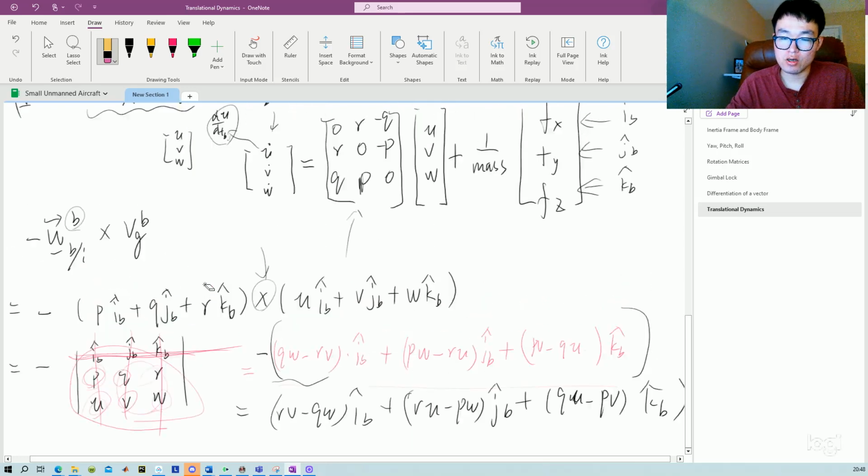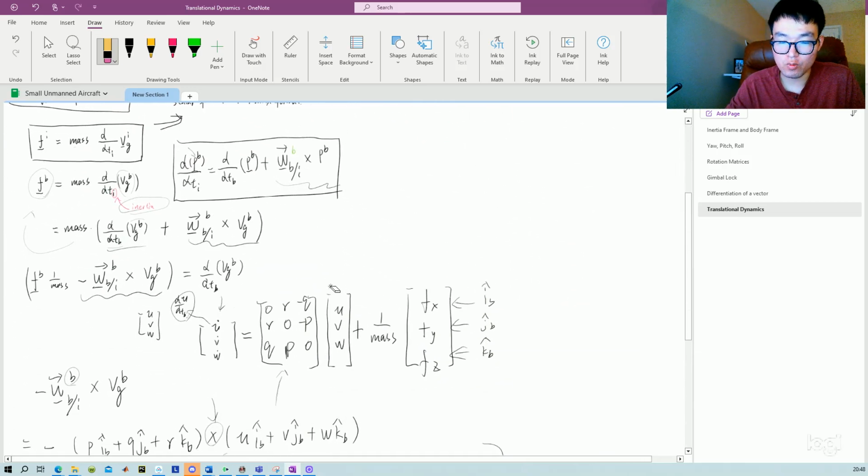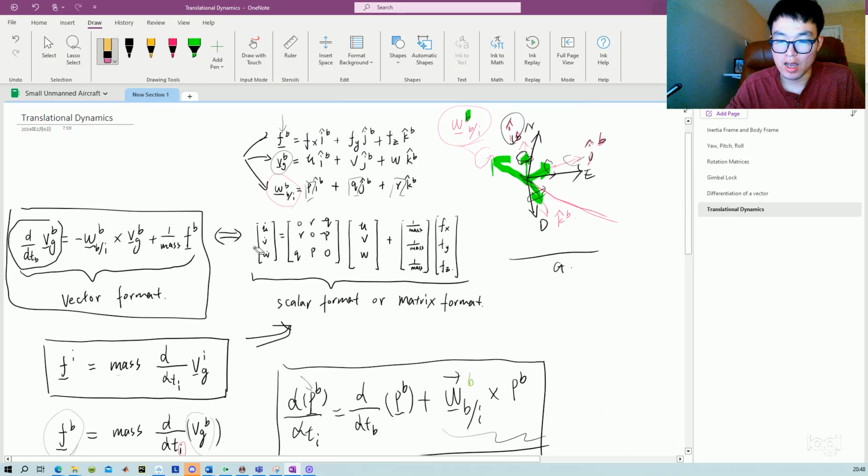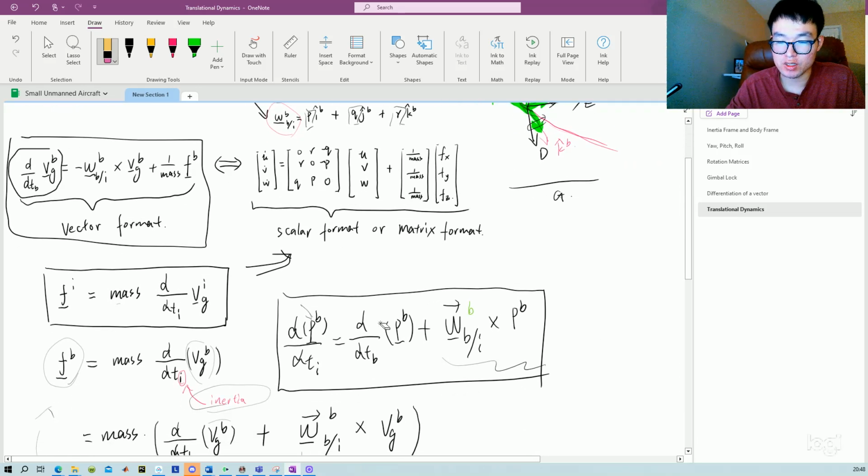Alright, so that's how we proved the translational dynamics of the aircraft by leveraging the conclusion that we got from the lecture on differentiation of a vector.